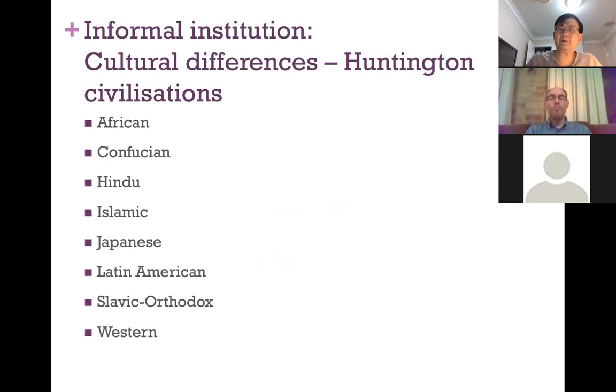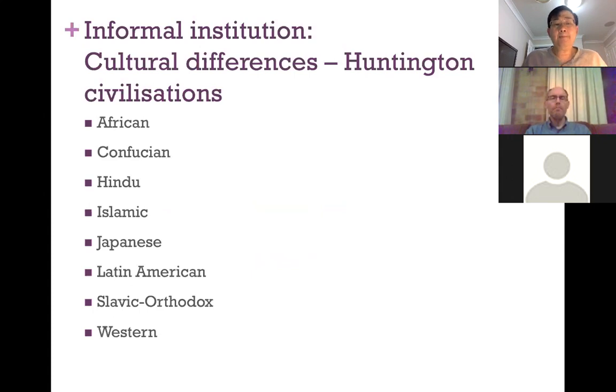So let's look at the culture component, whether that works in the host market or not. Therefore, international business strategists actually look into studies around cultural differences.